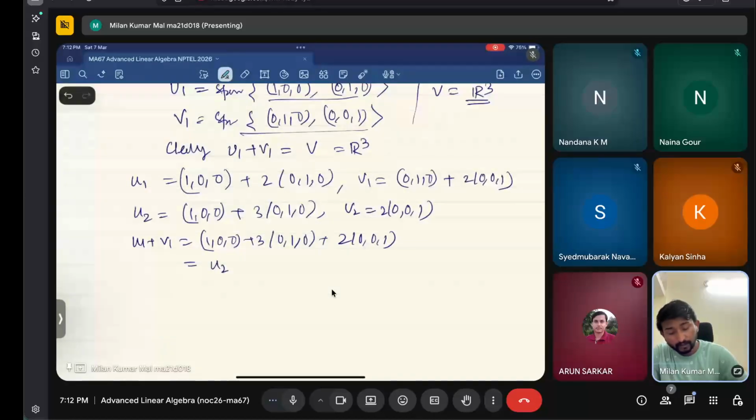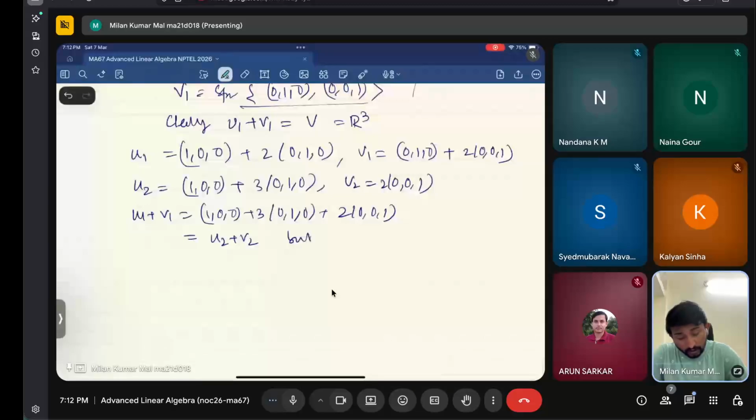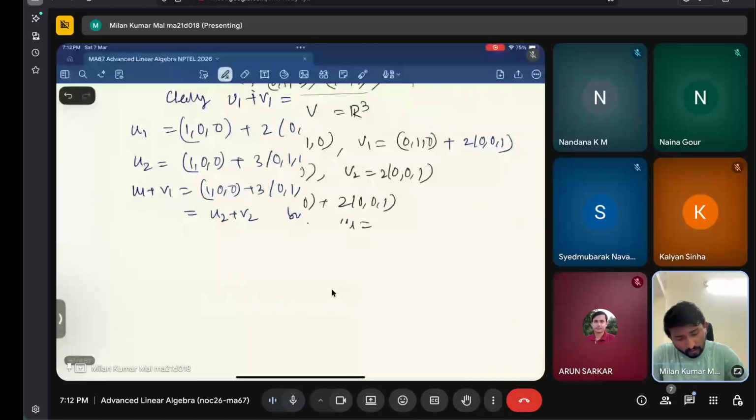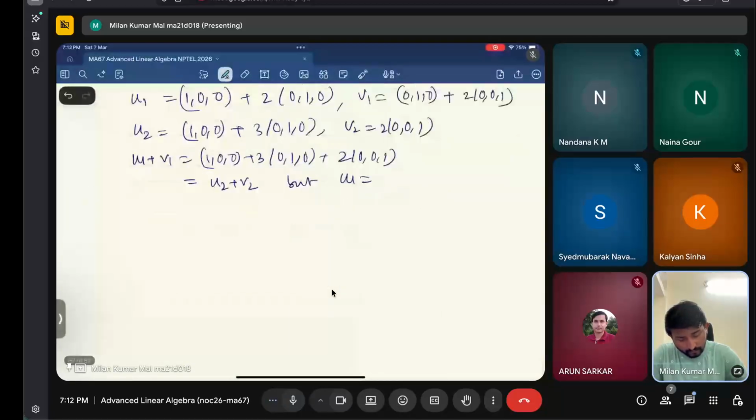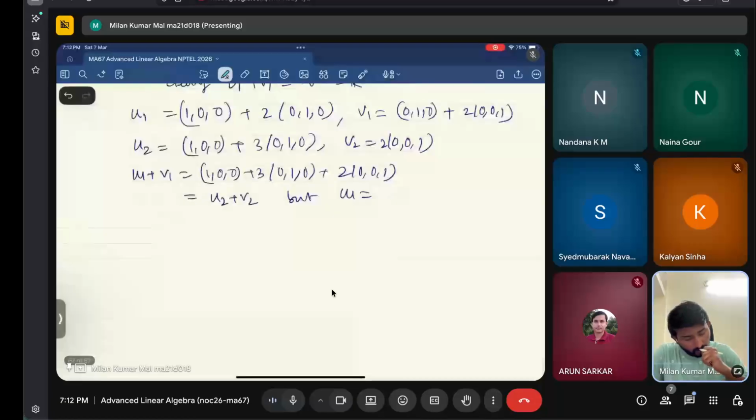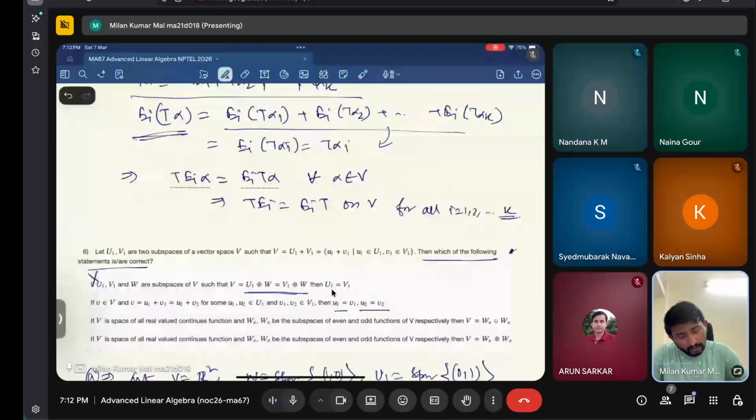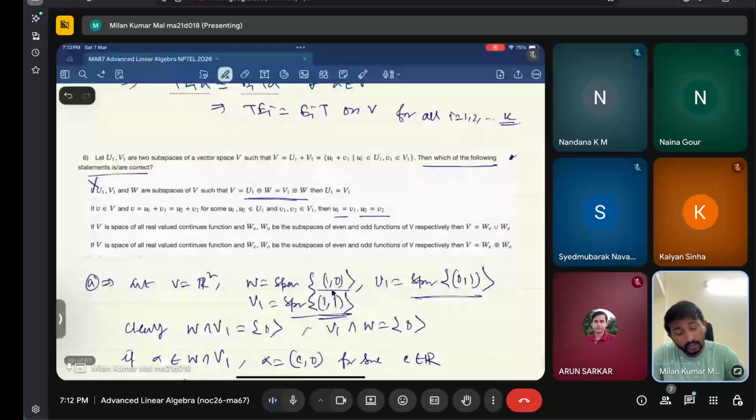But now the question was what the options are: that u1 equals u2 and v1 equals v2. That is definitely incorrect, there is no doubt.